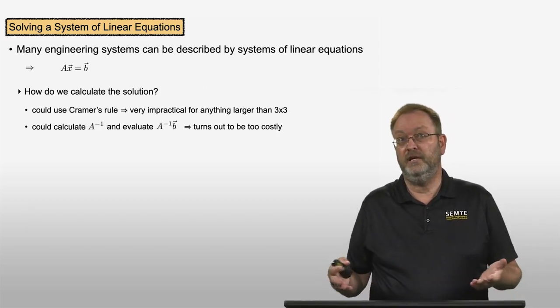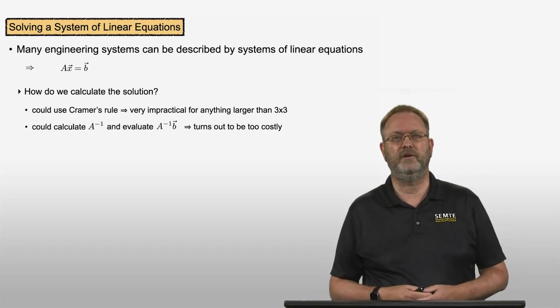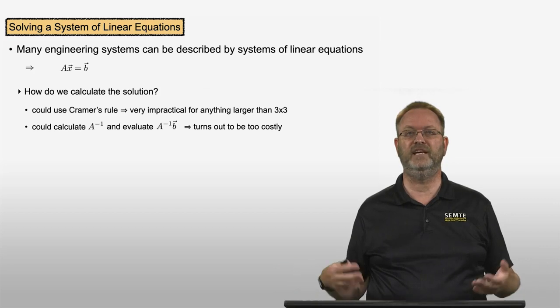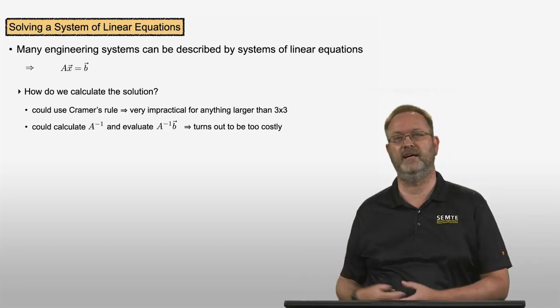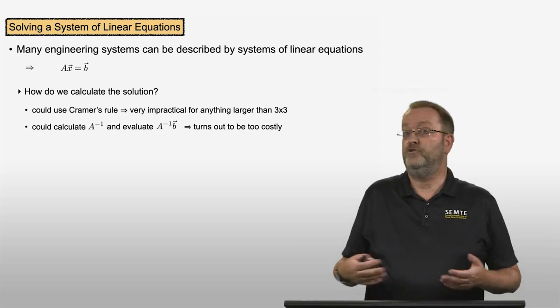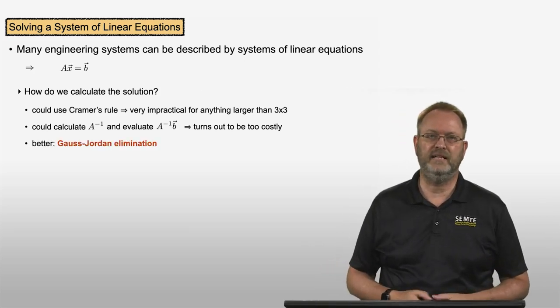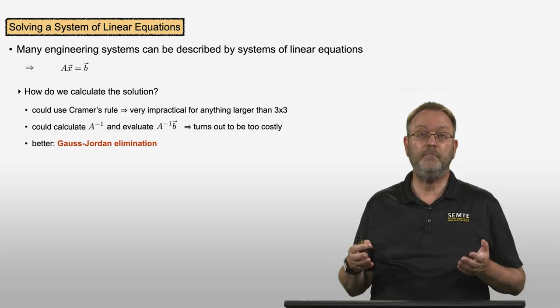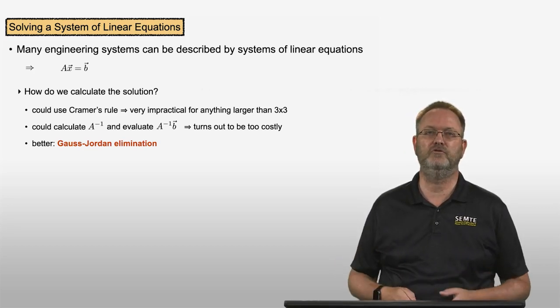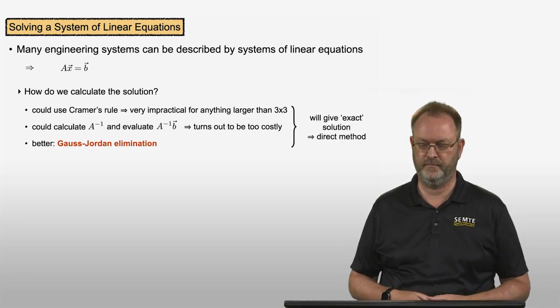We could follow the lead from linear algebra. We could try to calculate the inverse of A and then do a matrix multiplication of the inverse of A times the right-hand side vector B. It turns out that that is actually too much work. We can get the result a little bit faster. And that better, faster algorithm that we're going to talk about here is the so-called Gauss-Jordan elimination algorithm.